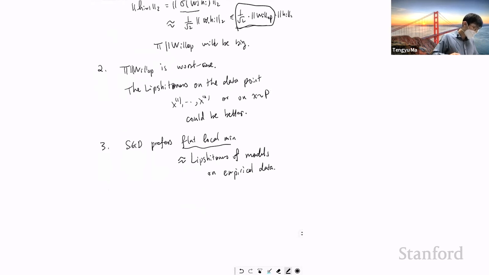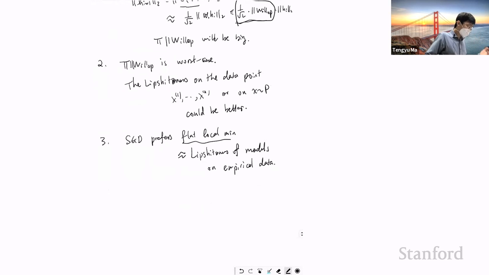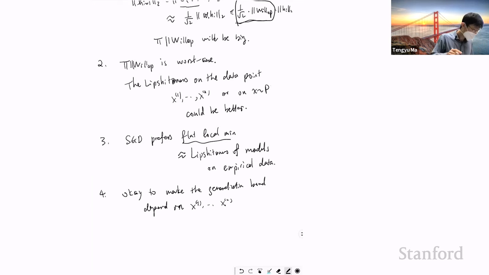Another remark is that it's okay to have a generalization bound that depends on the empirical data, on x_1 up to x_n.